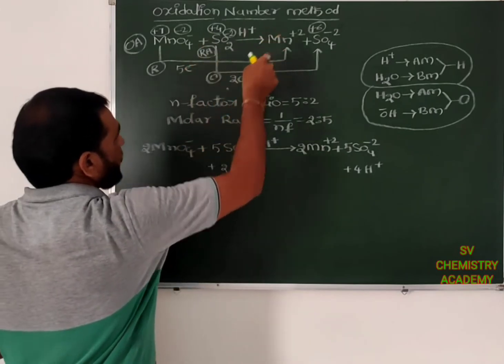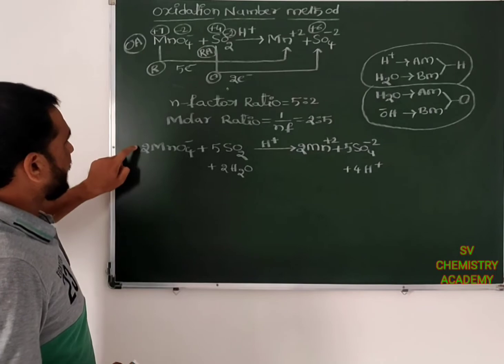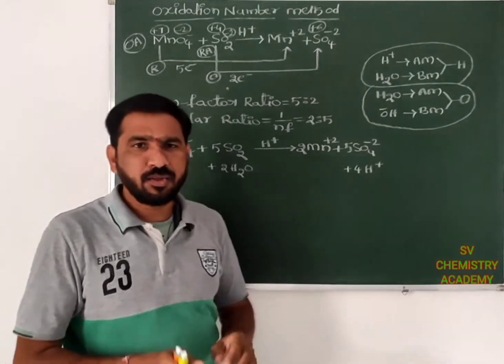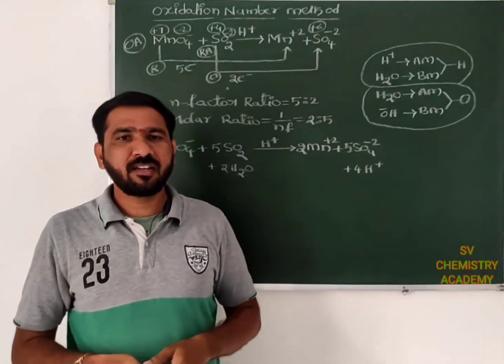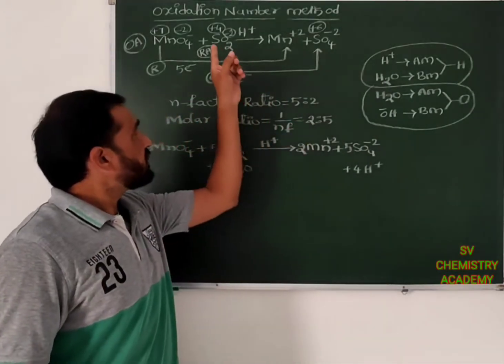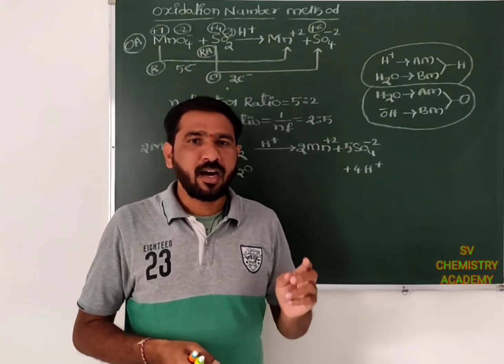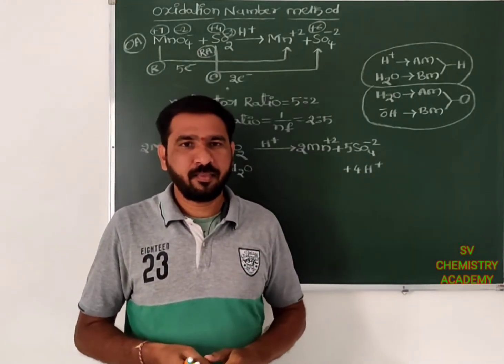So this is the oxidation number method. First step, second step, like this, by using simple steps we get the balanced equation. That's why I told you that the oxidation number method is the simplest method compared to the ion electron method. Is it clear?